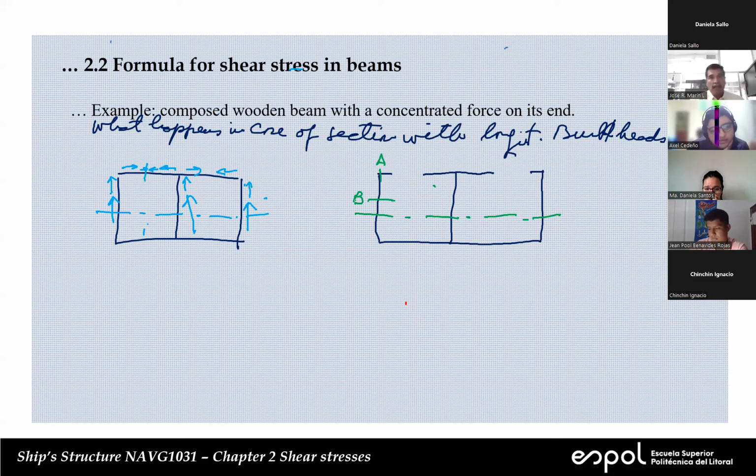We can. Yes. It's going to be a piece of the deck and a piece of the side. The contribution from the deck will be constant. The contribution from the side will be changing quadratically, but you can calculate it.